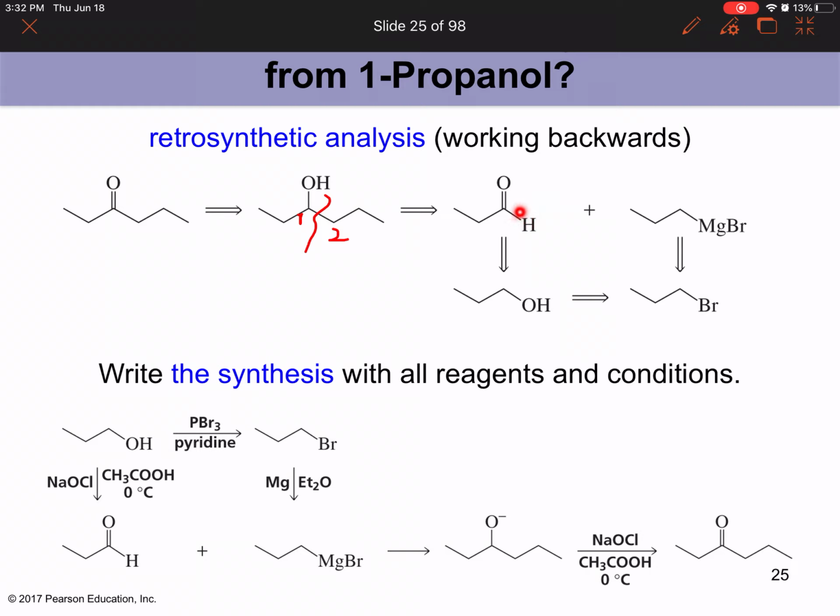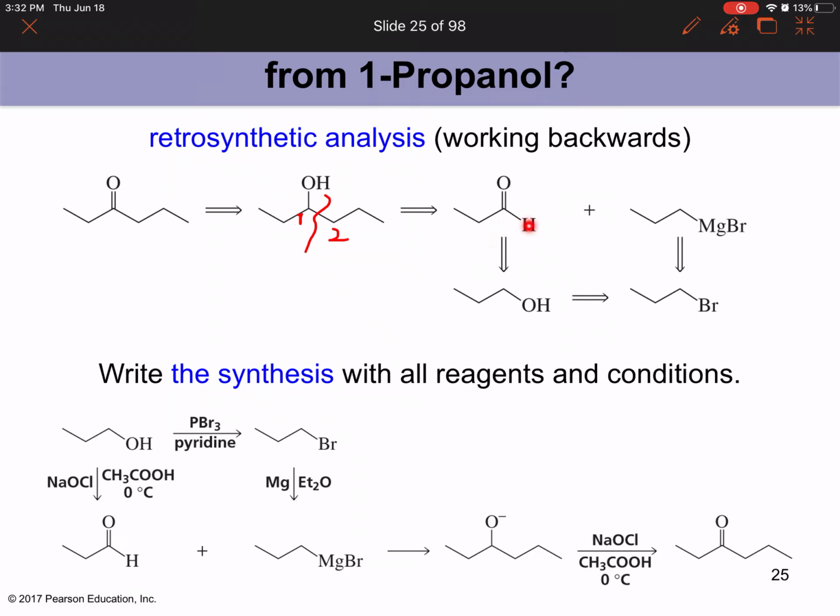If you react propanaldehyde with a Grignard reagent that has 3 carbons, propyl magnesium bromide, this carbon is going to form a bond here, open up, and you form this alcohol. Now we found these two are going to give you this. But that's not the starting material we want. We want to get to the propanol.